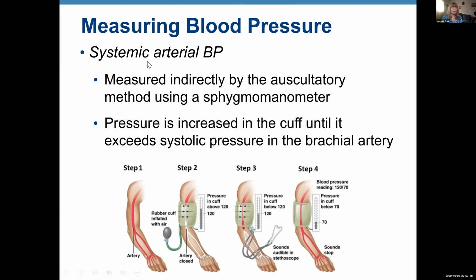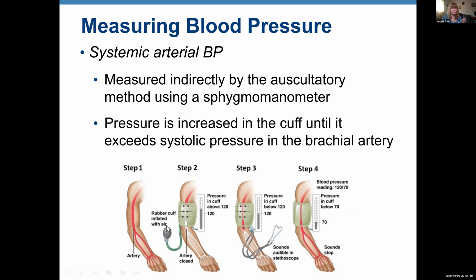Now, systemic arterial blood pressure is measured indirectly by the auscultatory method using a sphygmomanometer. And when you use this pressure cuff, here you have your artery, right? Brachial artery, that's a common place where we measure blood pressure.